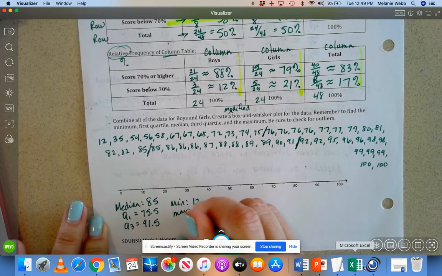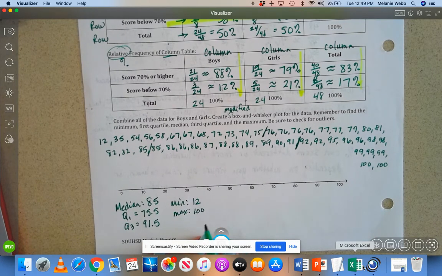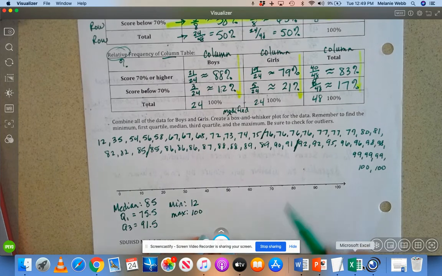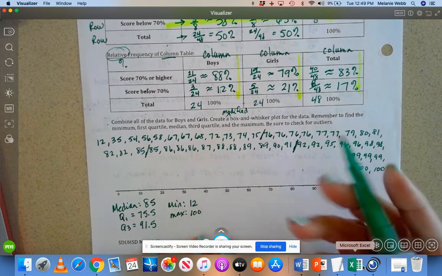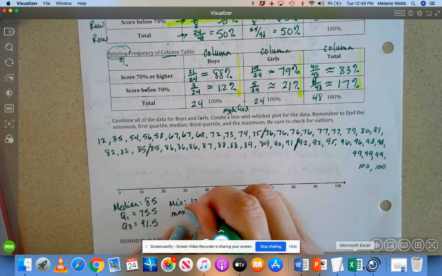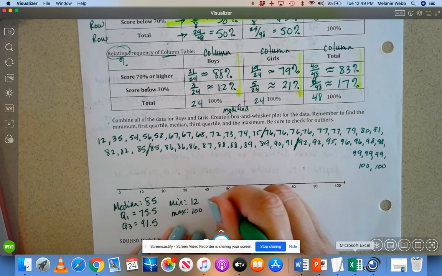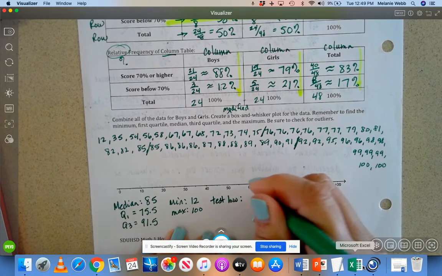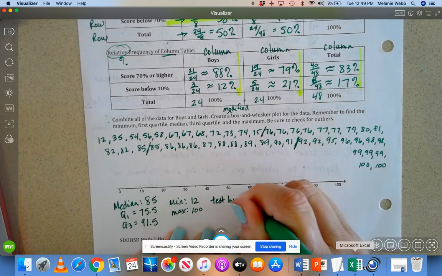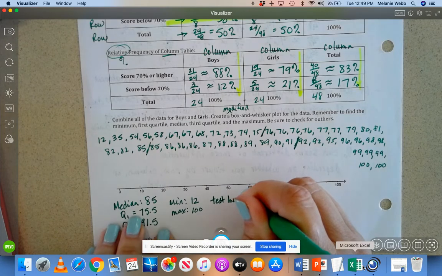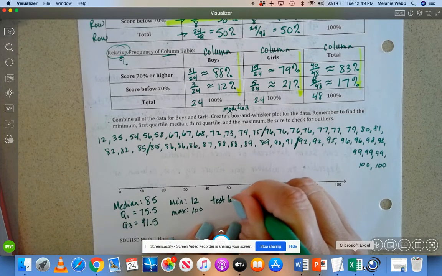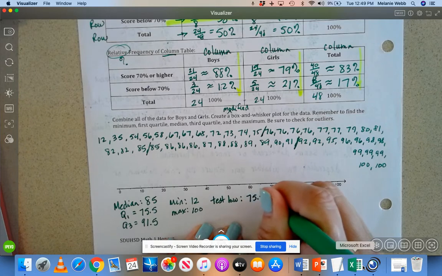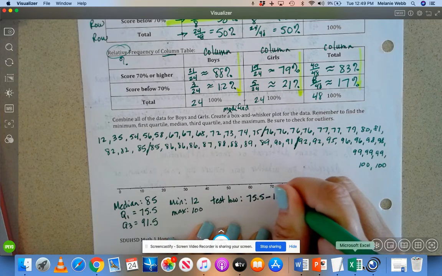Now I have to test for outliers because it says to be sure to check for outliers. First, the test for low outliers. You take Q sub 1, 75.5, minus 1.5 times the interquartile range.